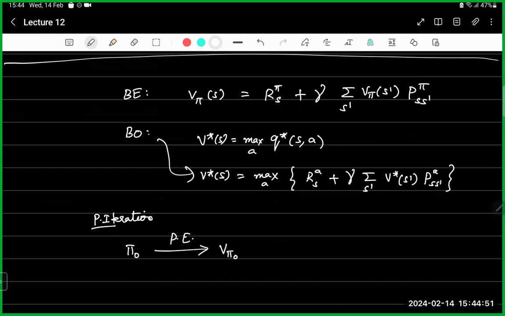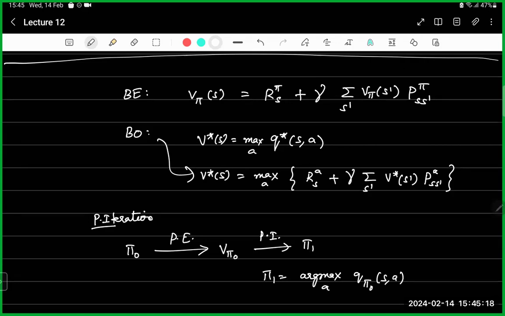We improve this policy pi naught. How are we going to improve this policy? Do you remember how we are going to improve a policy pi naught? So you take pi 1 equal to, right?